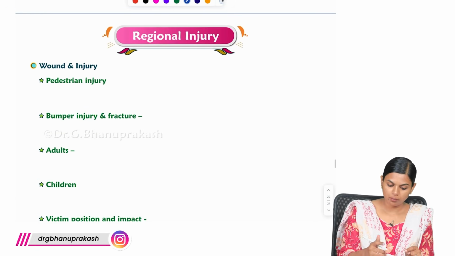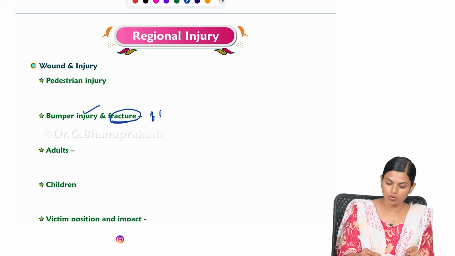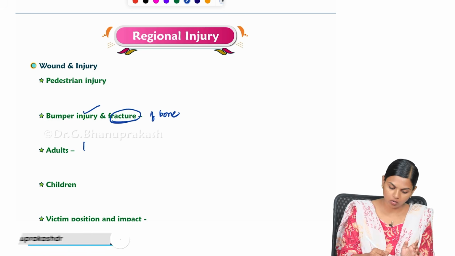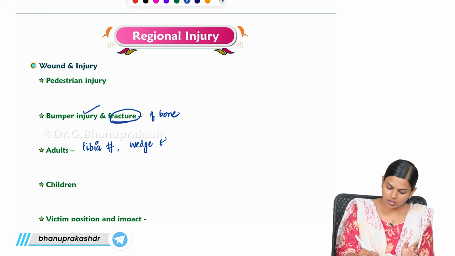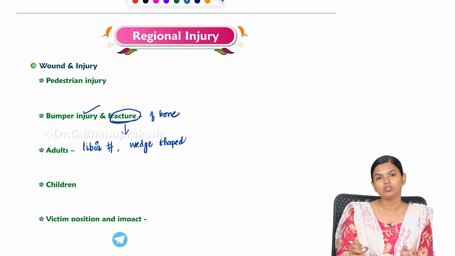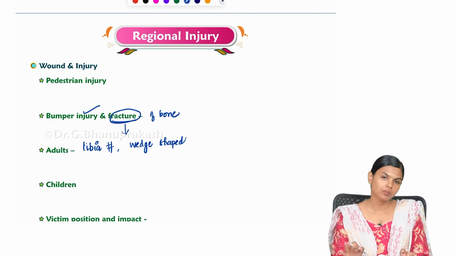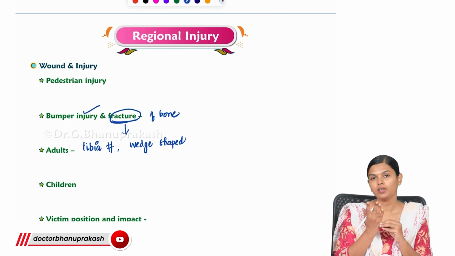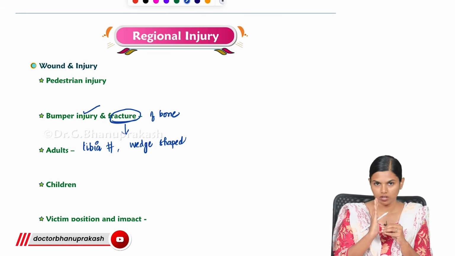So this bumper injury usually results in fracture of the bone where it is hitting. Especially if it is an adult, it will hit over the tibia. You will get a tibia fracture which will be wedge shaped. So this bumper fracture is also known as wedge shaped tibia fracture, and it is seen in adults when the bumper comes and hits them when they are trying to cross the road.